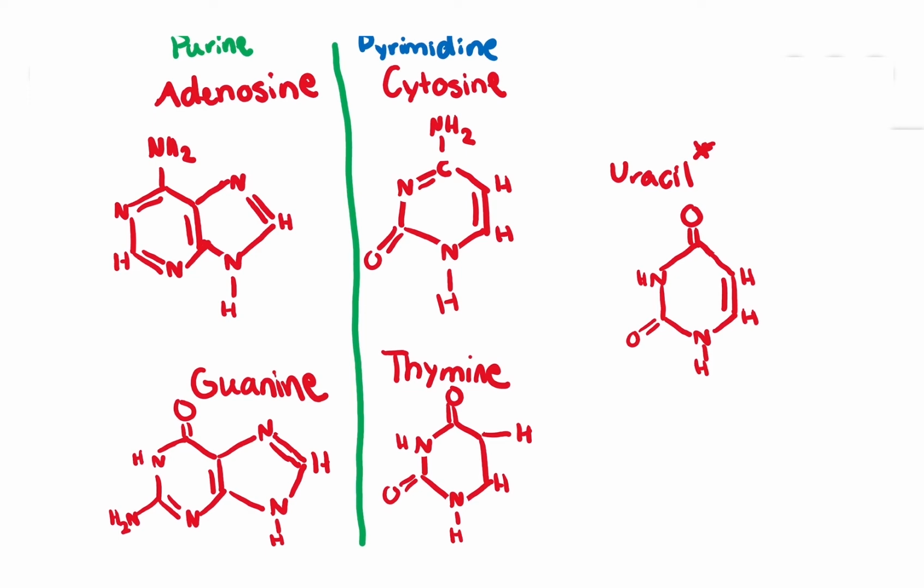And this is because adenosine and thymine are hydrogen bonded to each other, and guanine and cytosine are hydrogen bonded to each other in the DNA structure, which allows us to create the double helix I'll be talking about later. So you would have a purine go with a pyrimidine in these structures. And so again, the difference between these two is that this has 2 rings and that this has 1 ring.